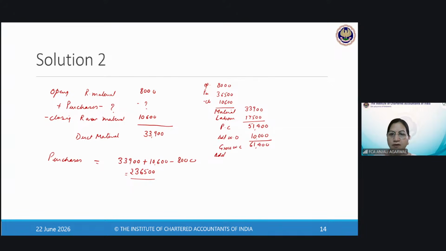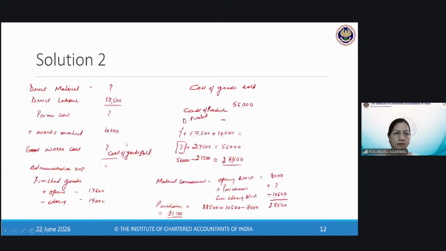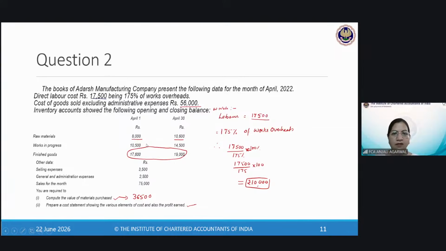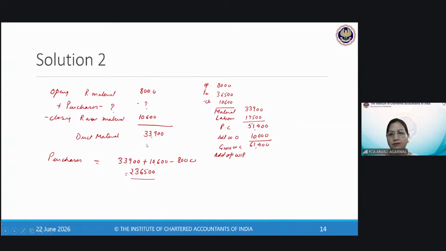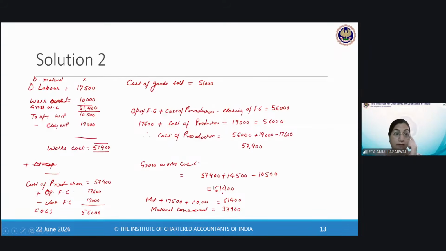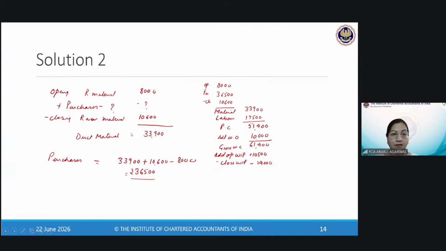Add opening WIP, which is 10,500, minus closing WIP 14,500.